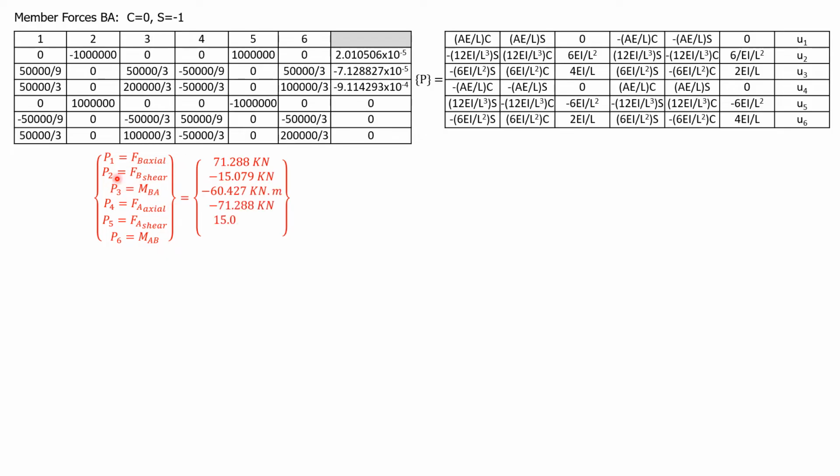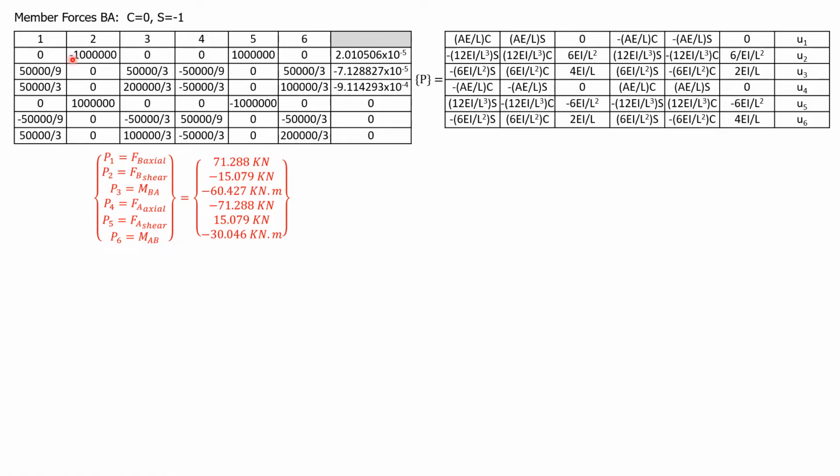Remember, axial, shear, moment. So P4 is also axial on the other end, P5 is shear on the other end, and P6 is the moment at A because our end 1 is B. So axial at B, shear at B, moment at B, or moment BA, then axial at A, which is vertical, shear at A, which is horizontal, reaction at A, and moment AB.